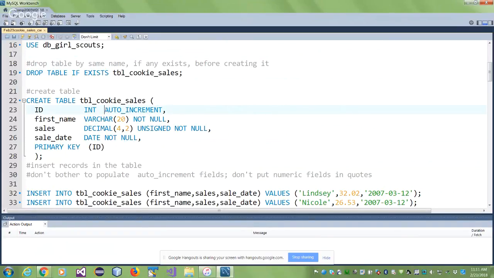If you really want to say, you know what, you are allowed to put auto increment values yourself. You can add it yourself, and you'll say, I don't want anybody to add a -1. You can always go ahead and say this is an unsigned field. IDs are never negative, right? But if you leave an auto increment field alone, when I say leave it alone, you let the system generate values for it, then you don't have to put unsigned, because it automatically starts with 1 and increments automatically.